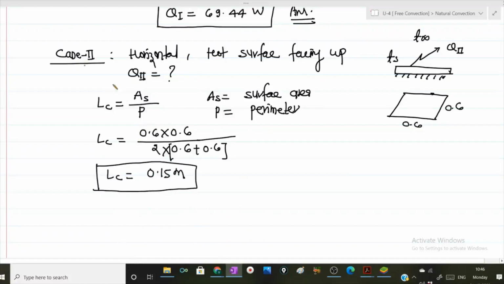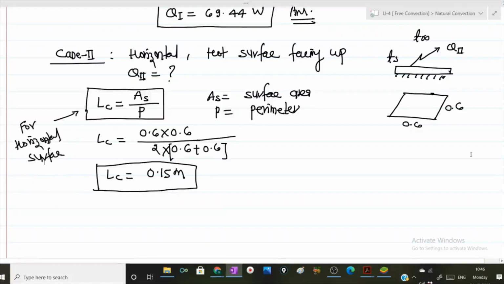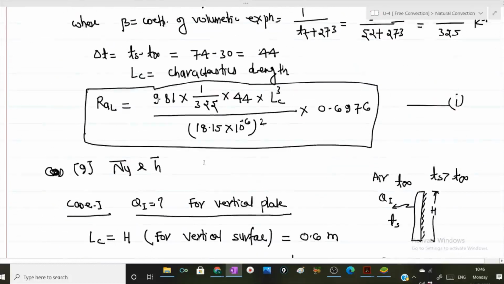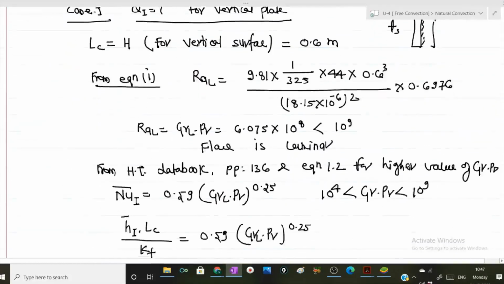What is worth remembering here in this problem is this value for horizontal surface. Please remember this. So characteristic length Lc is equal to 0.15 meter. So once again from equation 1, I have to calculate value of product of Gr and Pr in the form of Rayleigh number.